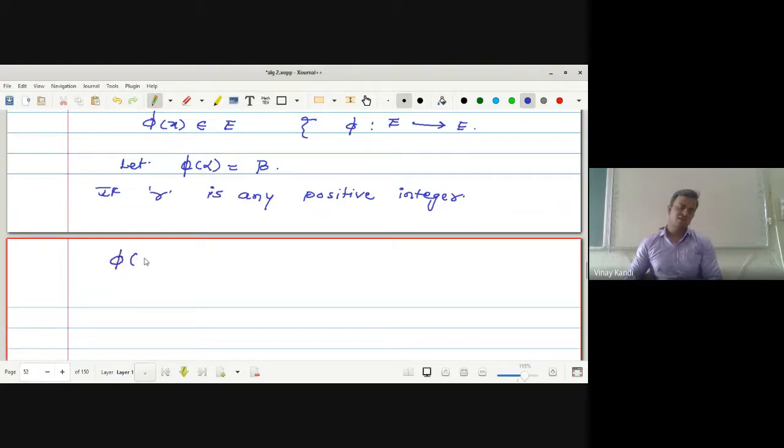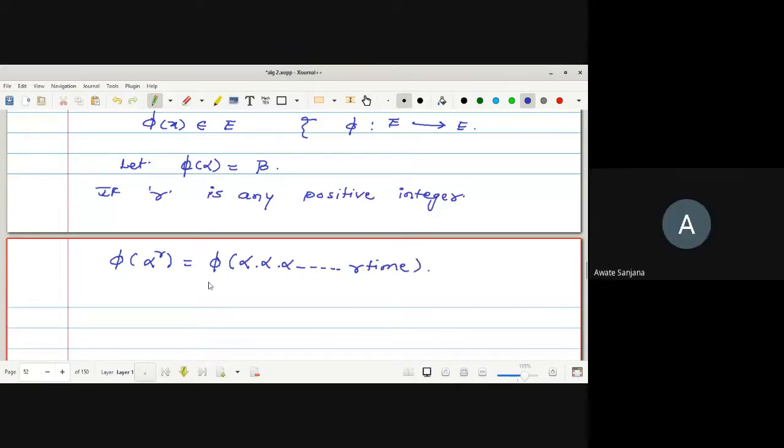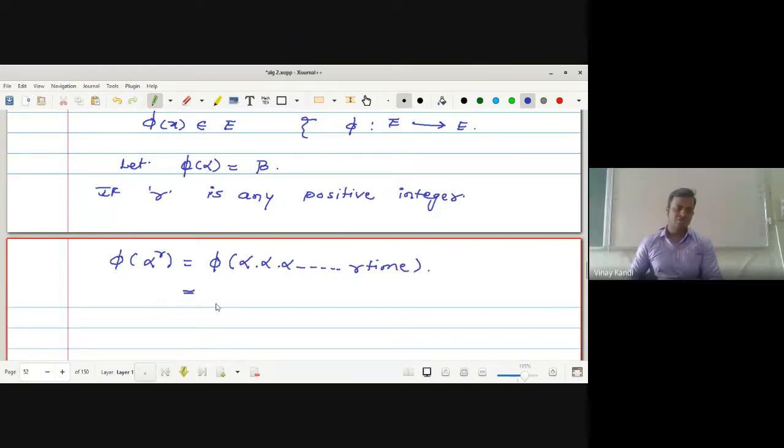Then phi of alpha raised to r is equal to phi of, okay, alpha raised to r means the product of alpha up to how many times? r times. But phi is an automorphism, that means it is an isomorphism, so it preserves the multiplication. So we can write phi of alpha into phi of alpha up to r times. Okay, what is phi of alpha?